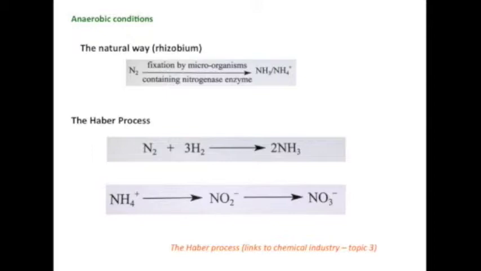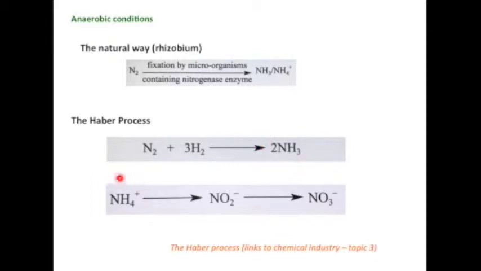So the other way that this can be done is through the Haber process. So the Haber process requires a couple of steps. So first, the nitrogen and hydrogen need to be combined, and you'll take a look at a video that shows this in action in a minute, and this forms the NH3 compound.